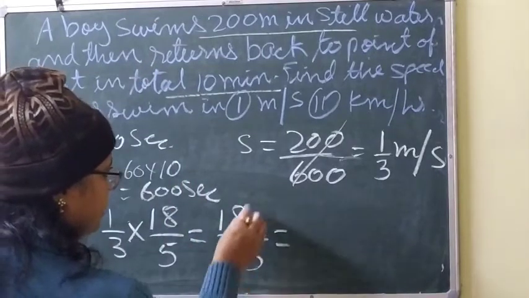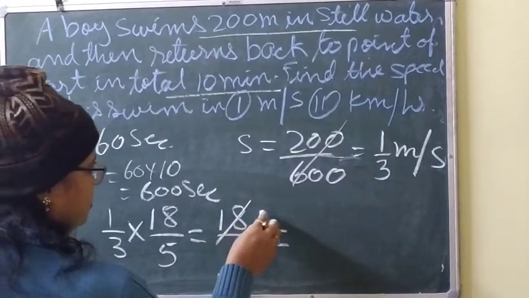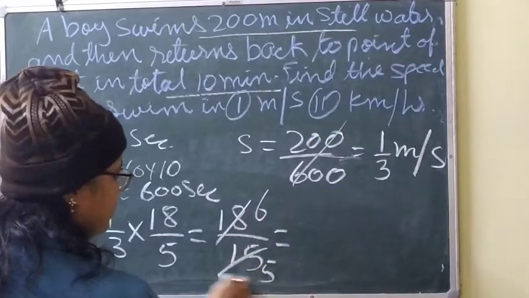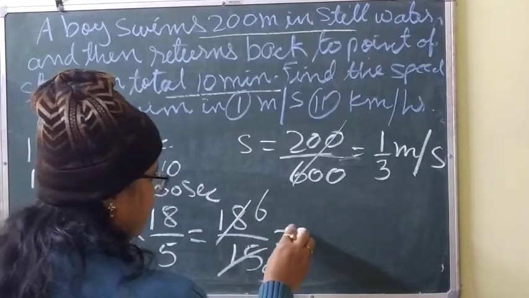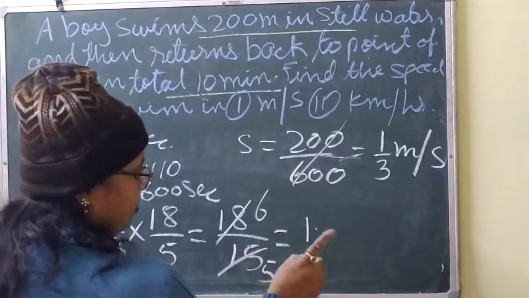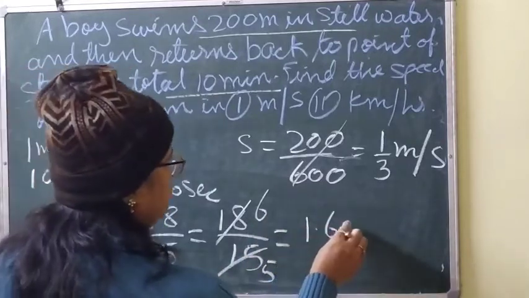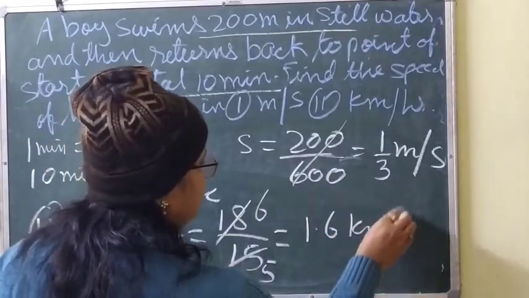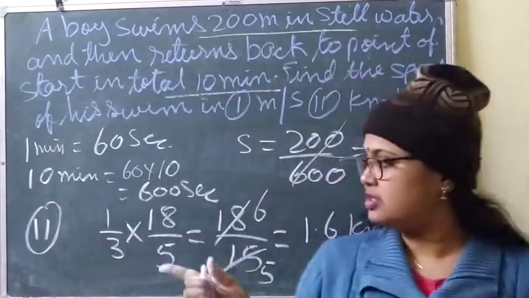You can cancel here. 3 6s are 18 and 3 5s are 15. When you divide, you get 1.6 kilometer per hour.